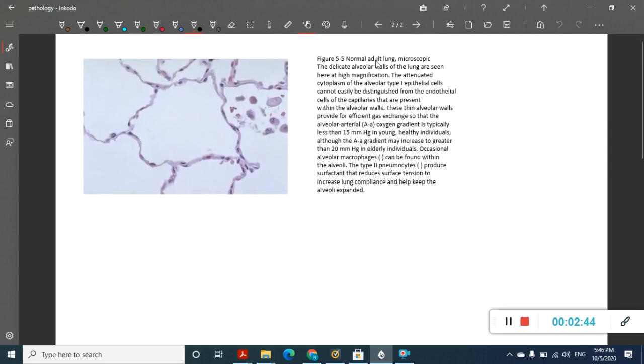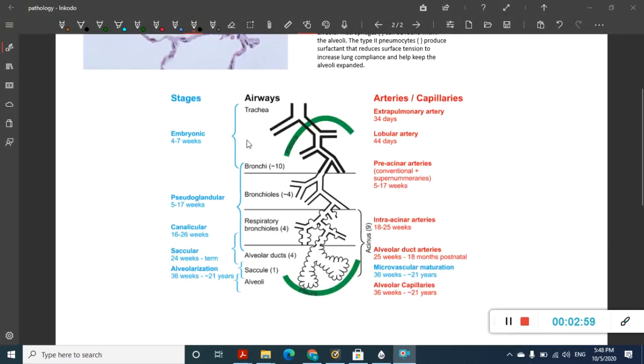Before we go into the histology, let me tell you a few points about the upper respiratory tract. So you have the trachea. The trachea divides into two bronchi.